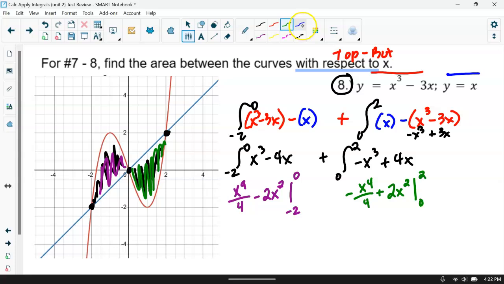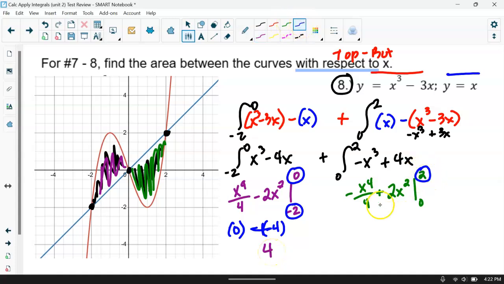So now we start substituting, right? When you substitute 0, you get 0 minus, when you substitute -2, you get -4. So notice here, with the two negatives here, the area of this first section is 4. Then we keep going here.